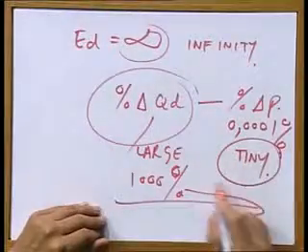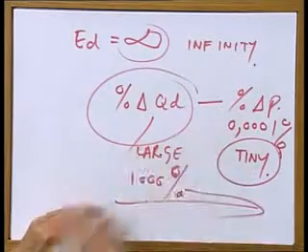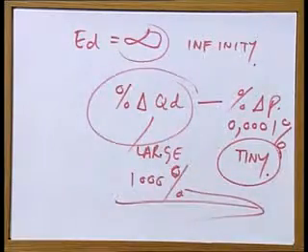And we will come to this type of elasticity when we deal with perfect competition. So this is theoretical. We don't get this type of elasticity in reality, but you must be able to know this kind of elasticity. So a slight change in the price will cause a large, infinite, immeasurable change in the quantity demanded.